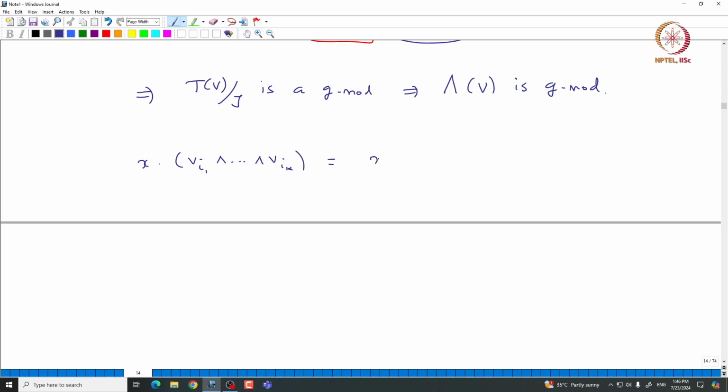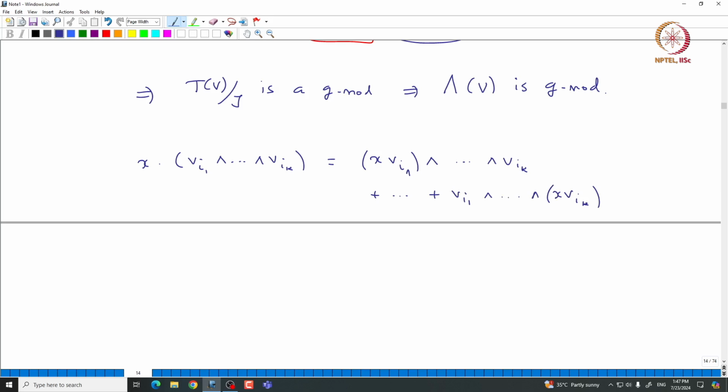So it has to be the sum of x v_i1 wedge etcetera wedge v_ik, plus etcetera plus v_i1 wedge etcetera wedge x v_ik.